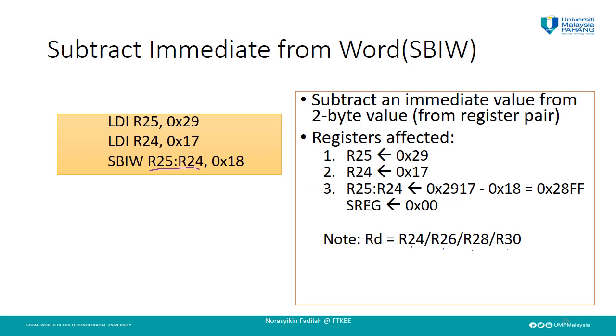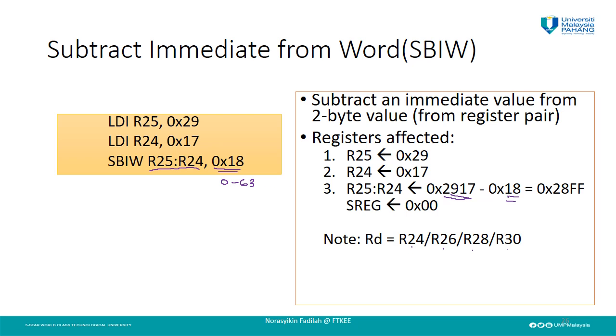So in this example, let's say that register 25 will have 29 and 24 will have 17. So we want to subtract the 16-bit value of 2917 with a value of hexa 18. So we can use the operand of R25:R24 with the immediate value of 18. The immediate value can be from 0 until 63 in decimal.